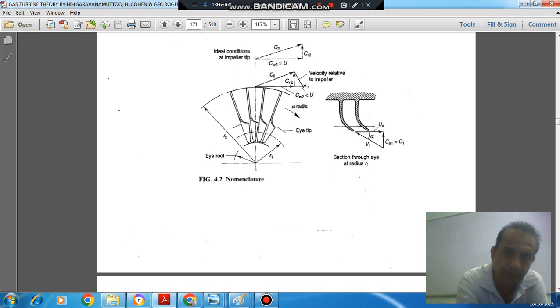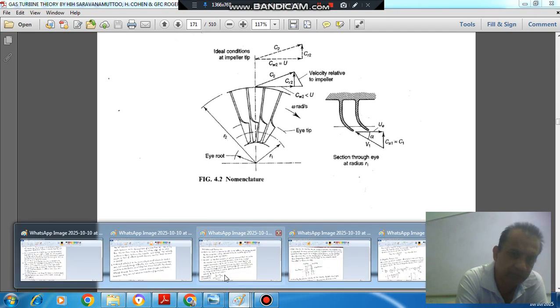This is the velocity relative to the impeller. This is the relative velocity, this is the absolute velocity. So this is the actual diagram. In the ideal diagram, CW2, the whirl component, will be equal to U, and this will be your CR2. So this is the velocity diagram of the impeller.